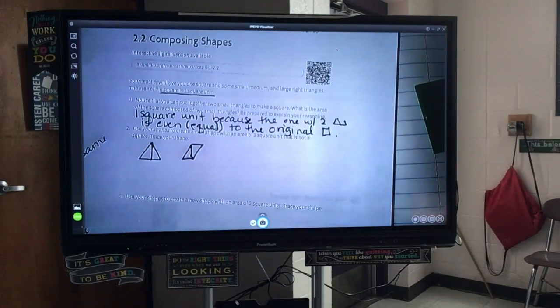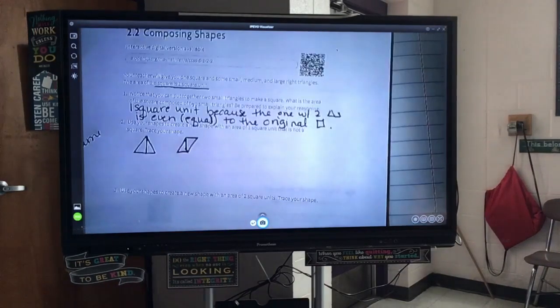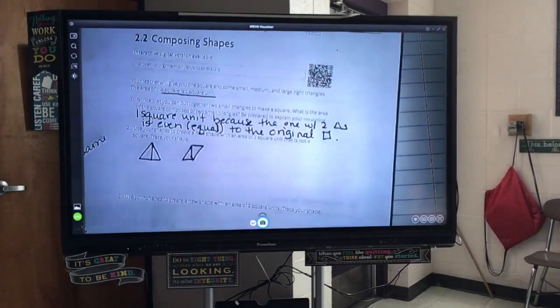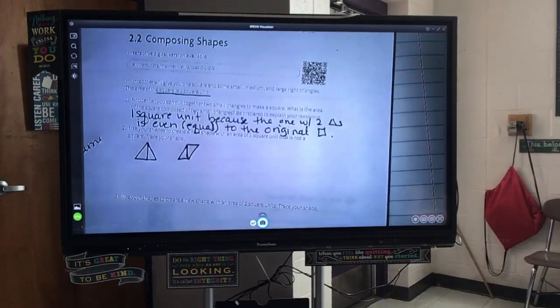Oh, goodness gracious. These two pieces do not equal this, does it? It is not even remotely close. These three pieces do not equal this, does it?